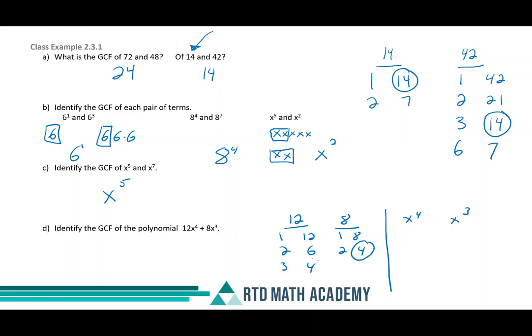So I can see 4 is the greatest common factor between those two. I have 4 x's and 3 x's, so all 3 are common between those two terms. So I've got a 4 as the greatest common factor between the numbers and an x cubed as the greatest common factor between the variables.